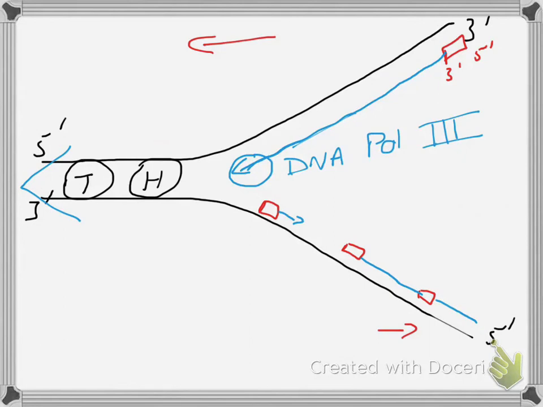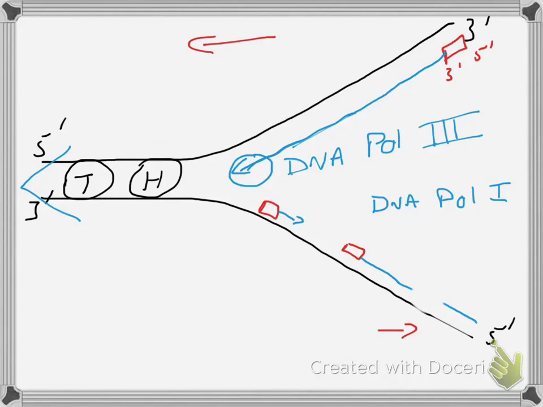So what happens then is there is an enzyme, DNA polymerase 1. DNA polymerase 1 is going to come in right here, I'll draw it, and what it will do is remove the primer. Of course, I removed it too, but we'll get it back.